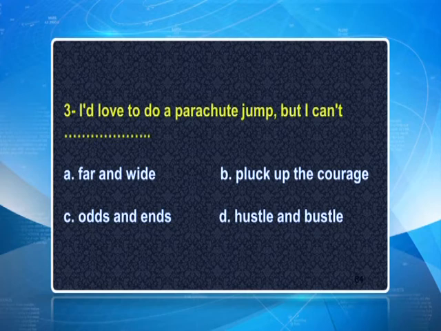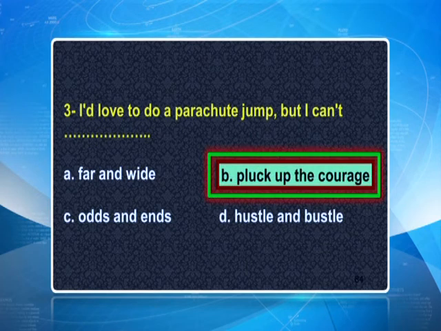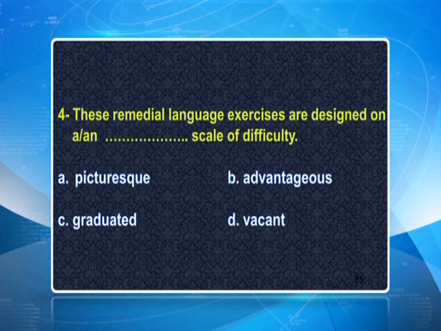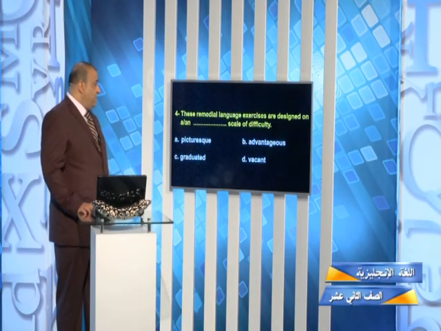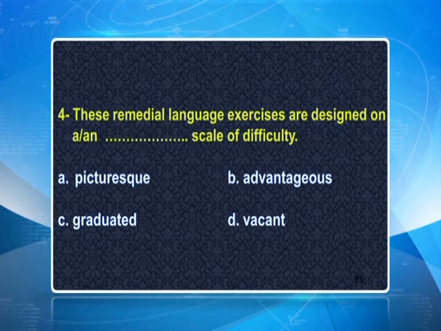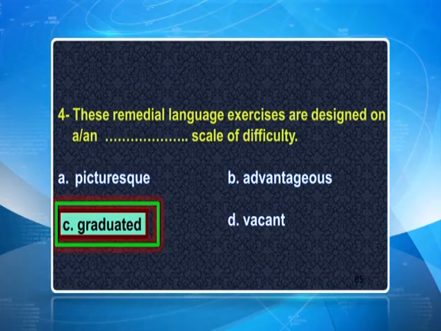We have to choose one of these options, but I can't pluck up the courage because I am not courageous enough to do that. The last sentence, these remedial language exercises are designed on, so we have 2 indefinite articles, whether A or AN, and here mind your use of the vowels and the consonants. Scale of difficulty. Let's move now to the answer. The answer is graduated. Good.